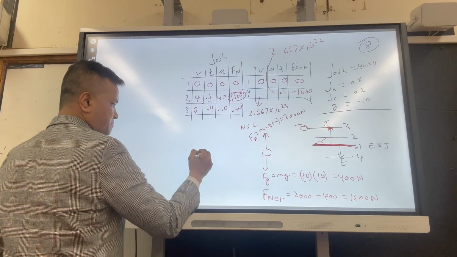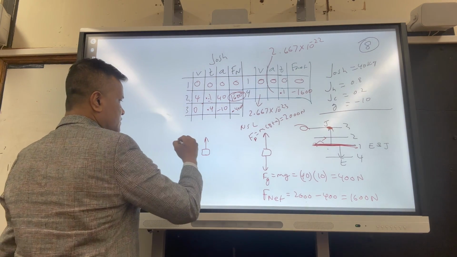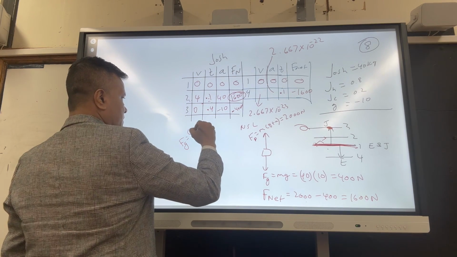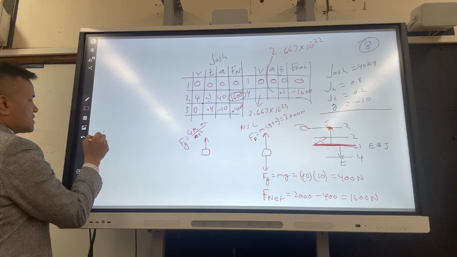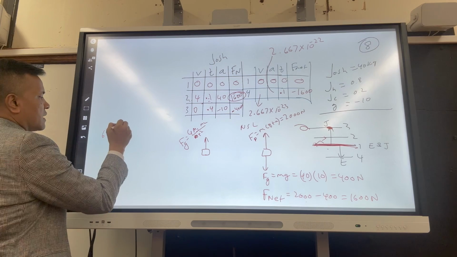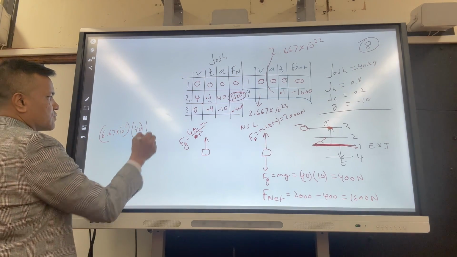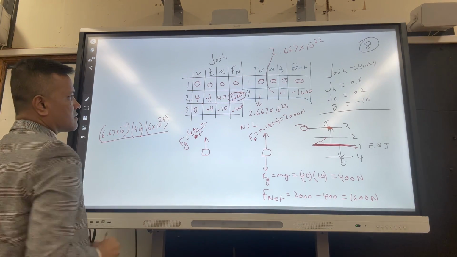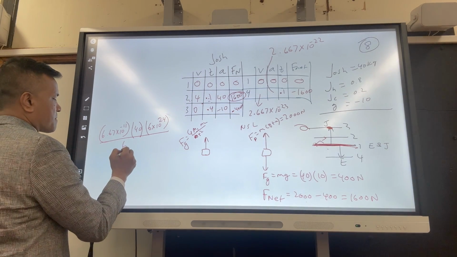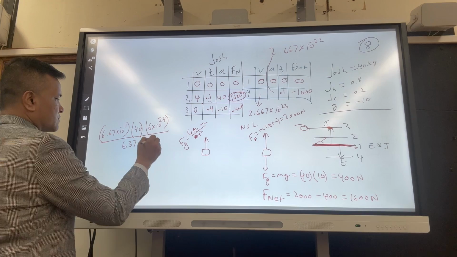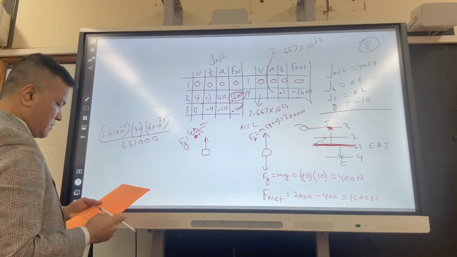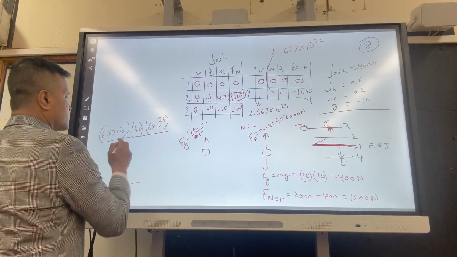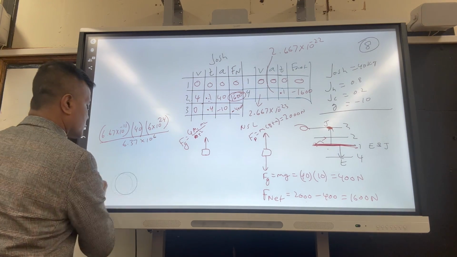Now, for Earth, Fg is equal to G m1 m2 over R squared. Okay, so G is 6.67 times 10 raised to negative 11. M1 is 40. M2 is 6 times 10 raised to 24. And the distance is 6.37 times 10 raised to 6, squared, right?